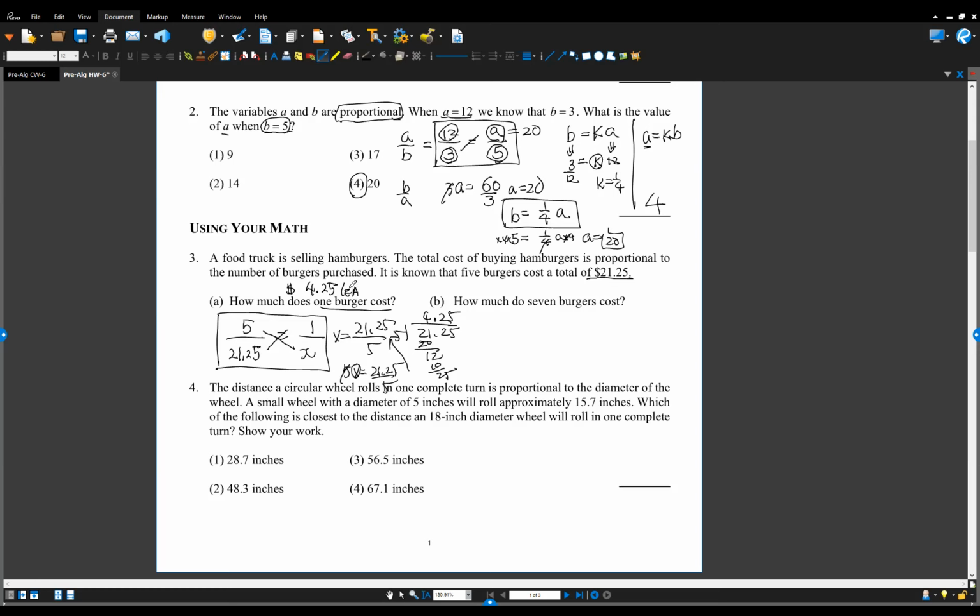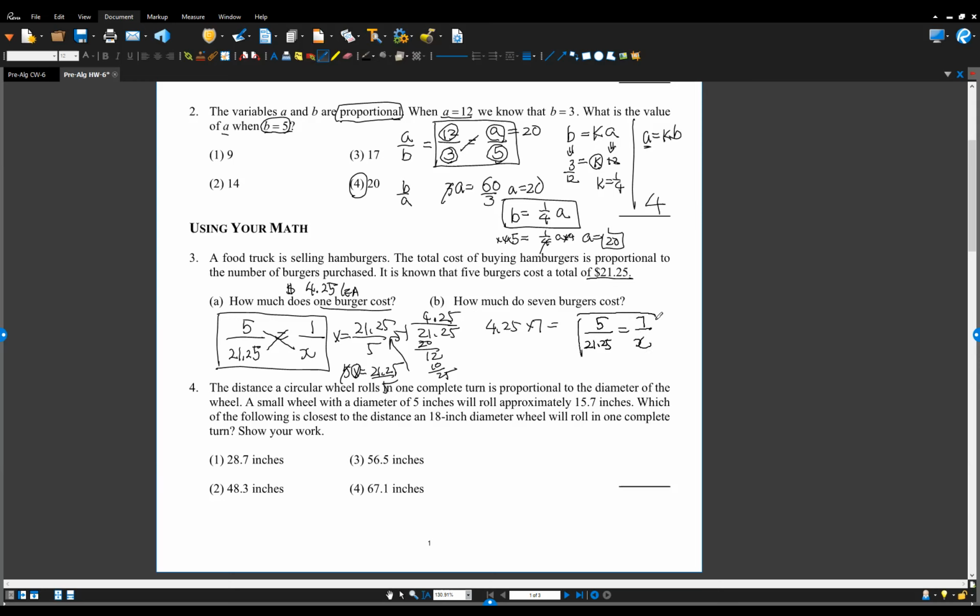Then we call this the unit price. How much do 7 burgers cost? Each burger is over here. 7 burgers is 4.25 times 7, isn't it? Or you can use over here, 5 cost 21.25, now we have 7 burgers. How much is this?